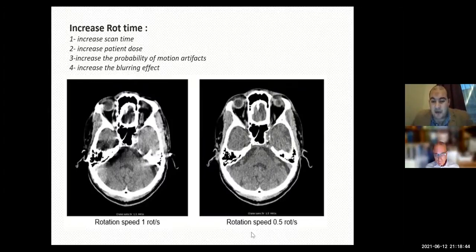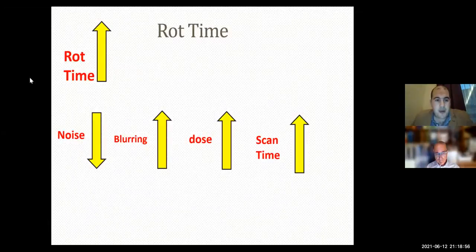As you see here, the rotation speed is 0.5 rotation per second. Here, it is 1 rotation per second, and the motion artifact appears in comparison with this image. So as rotation time increases, noise becomes less, but blurring becomes higher, dose becomes higher, and scan time becomes higher.